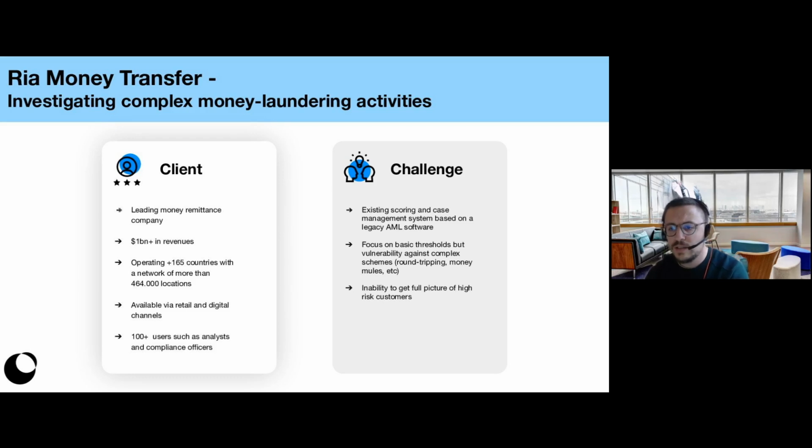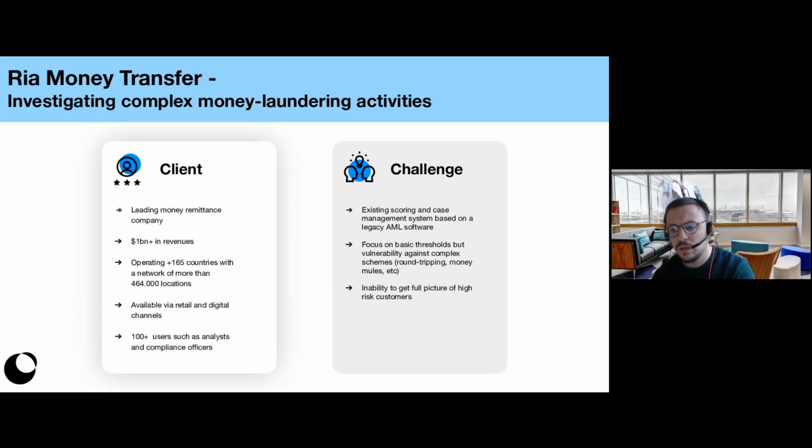The challenge is that they had an existing scoring and case management system based on legacy AML software. So thresholds in terms of identifying money corridors and transactions, but purely based on rules, I would say, and whether or not a specific transaction goes across a specific threshold in a short period of time, for example.